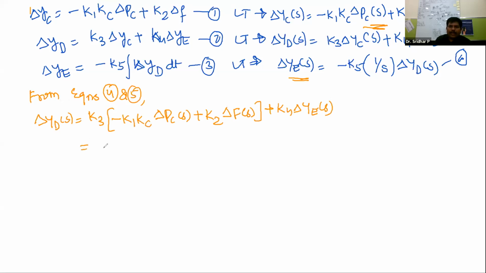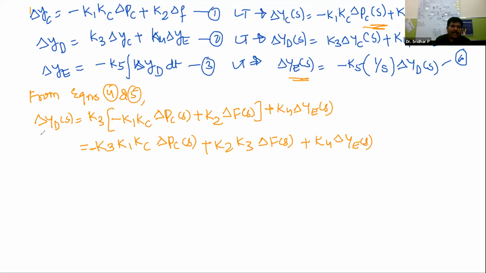So I am doing it like this: k3 into minus k1 kc into delta pc of s, plus k2 k3 delta f of s, plus k4 into delta ye of s.